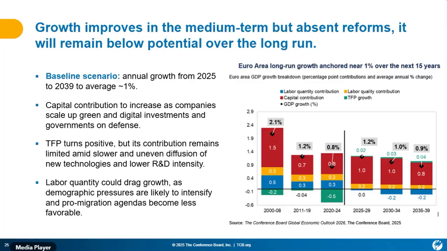And of course, the main reason is not only because of demographic pressures increasing, but also because the rise of more populist parties across Europe is already leading to pro-migration agendas becoming less favorable.